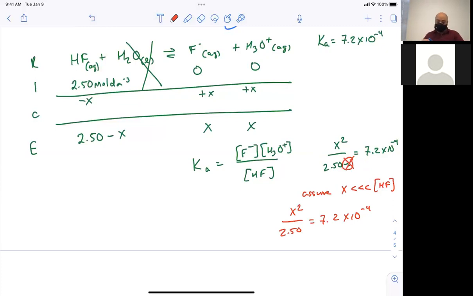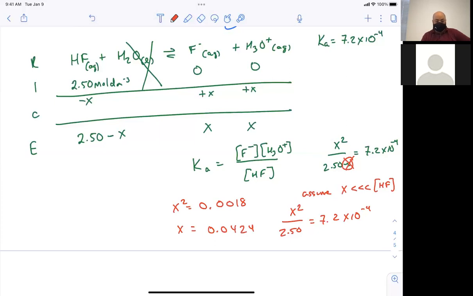So X squared is equal to 2.5 times 7.2 e negative 4. So X squared is equal to 0.0018. We square root that, and X is equal to 0.0424 for our concentration.